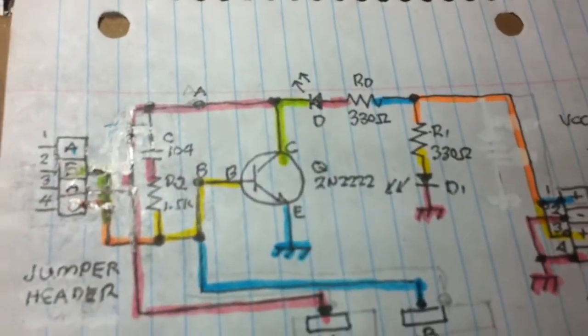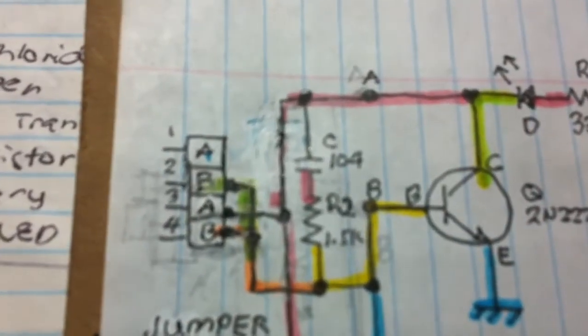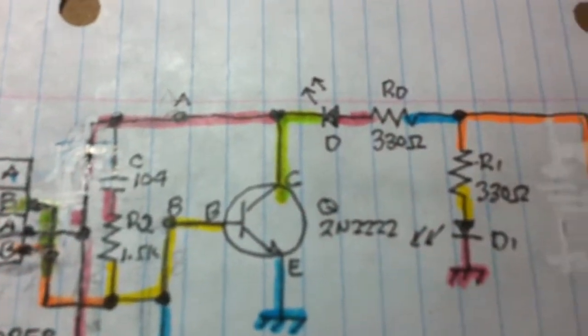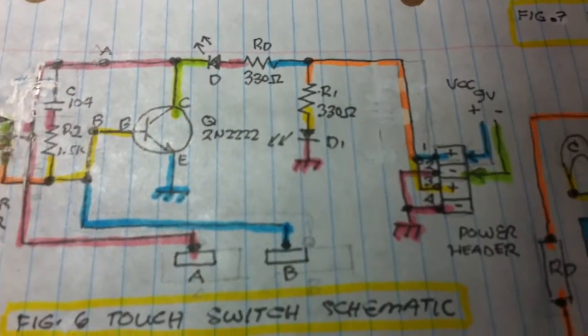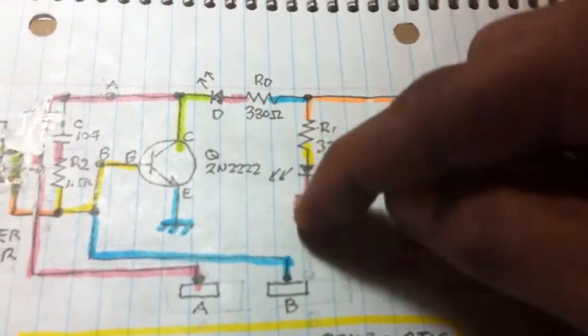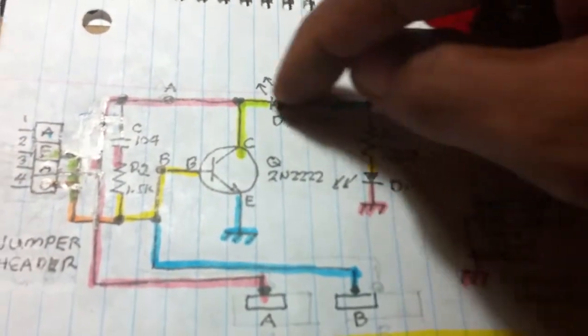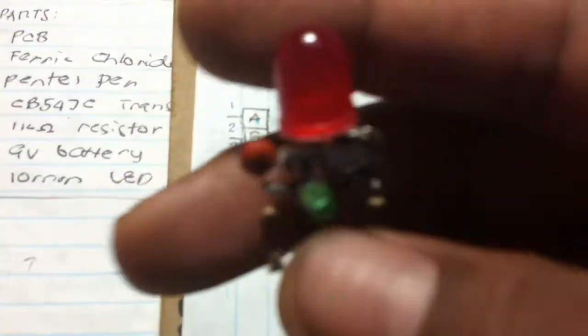So this is now the circuit diagram of our new module, skeleton type. We have the power header, connected to the power LED in series with the output LED, and then the transistor, and then the jumper header that is located here.